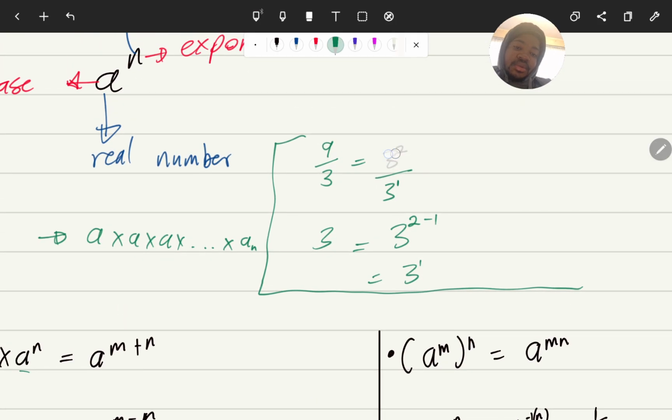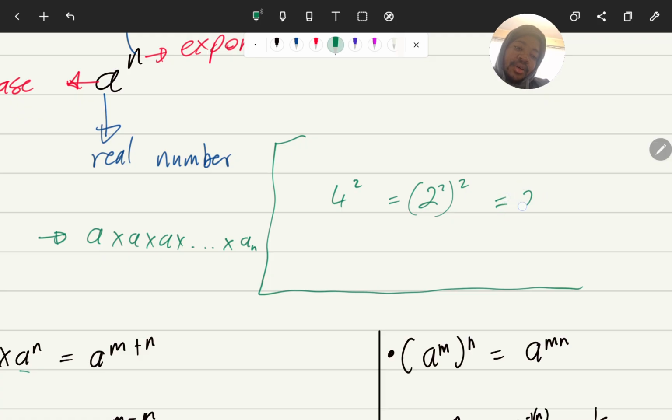So for example, I have 4 squared, which is the same as 2 squared, right? Now I'm raising power to power, and therefore I have 2 to the power of 4, which I know the answer is going to be 16. All right, so raising power to power, we multiply the exponents.